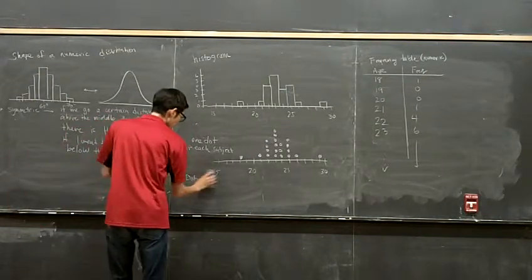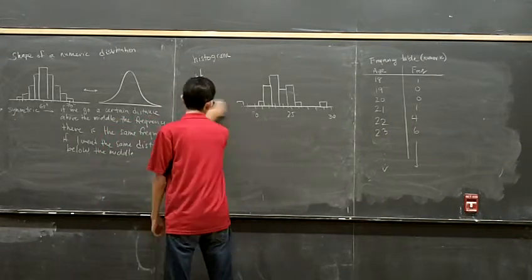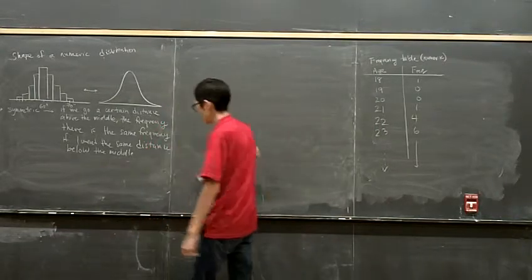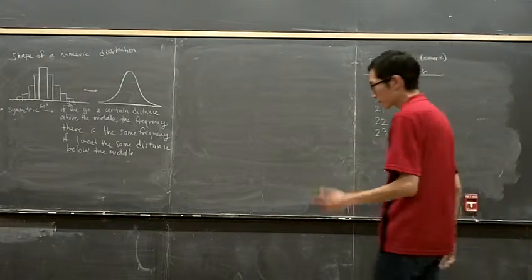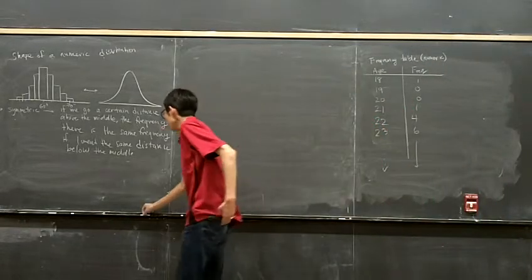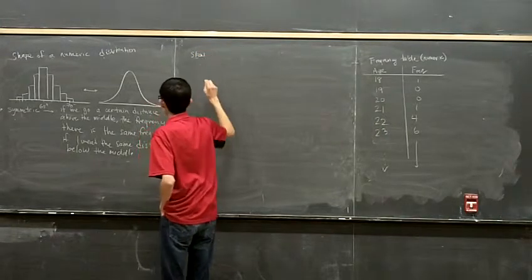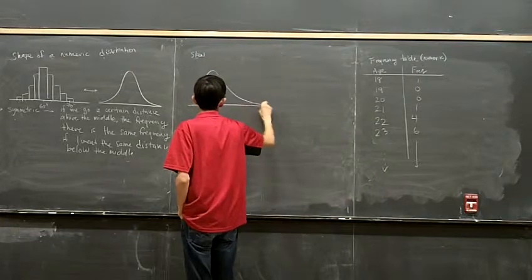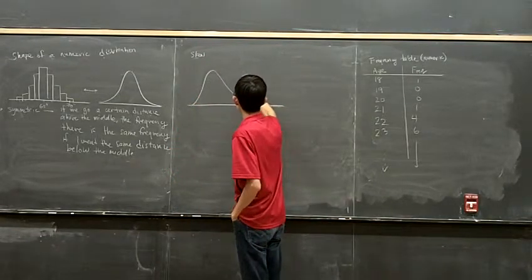On the other hand, we can talk about other shapes. So we have skew. This one we would call skew right.